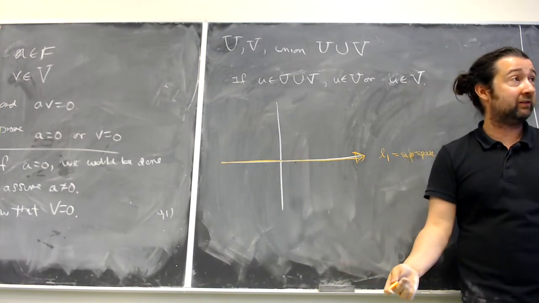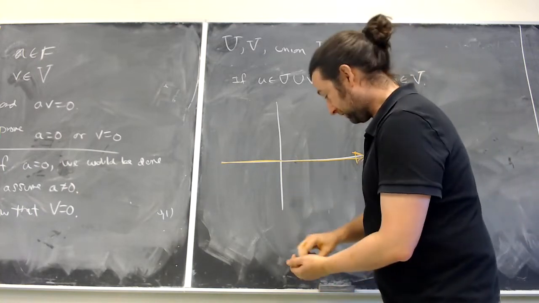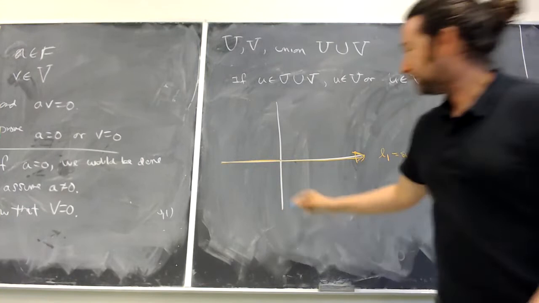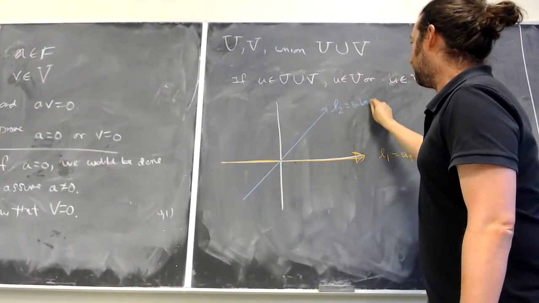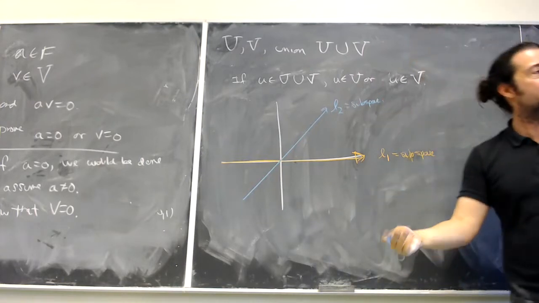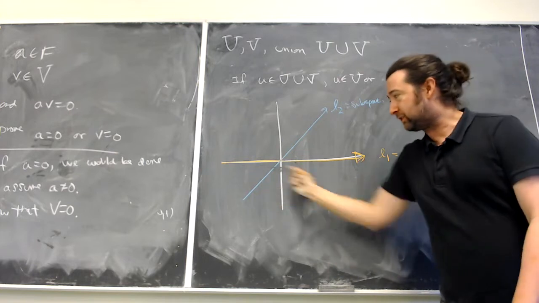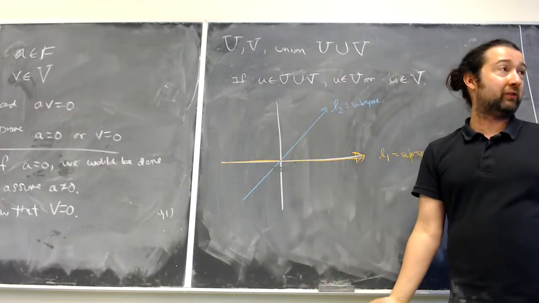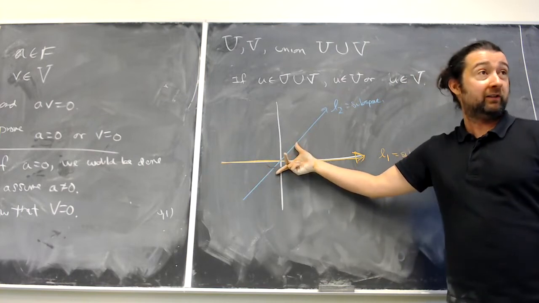If you stretch them by a scalar, they stay in the same line. Now take another line in here. Okay, here's a different line, L2, also a subspace. If you union those together, the union of those two lines is this line and that one. That's all the vectors, right? All the vectors in this line and all the vectors in that line.